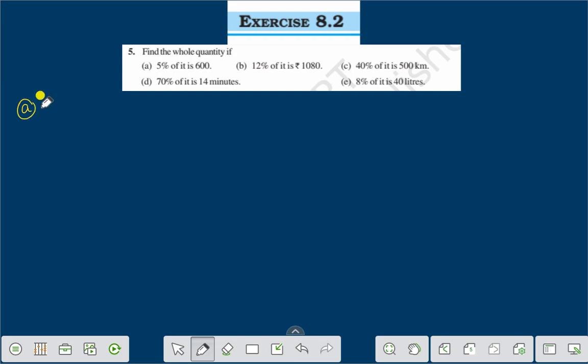5% of it is 600. Let the whole quantity be x.